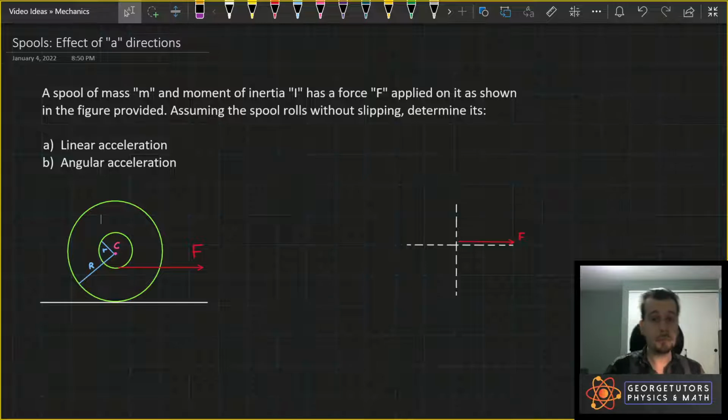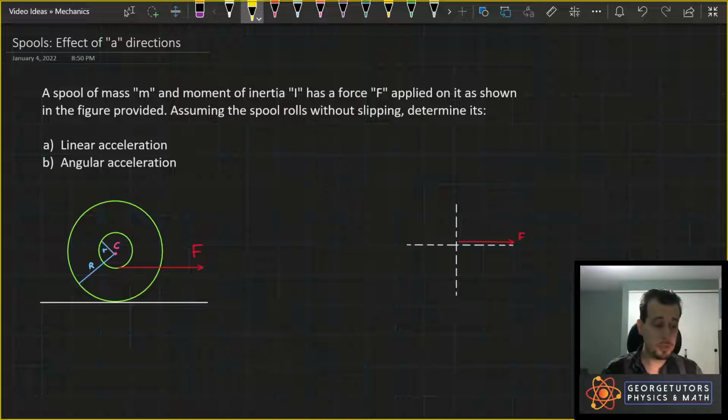In this video, I would like to discuss some further intricacies of spool problems, namely the flexibility that students have in choosing the direction of positive accelerations, basically after they determine the correct direction for friction in the problem. So we've seen a little bit before on a typical spool problem and how we deal with it.